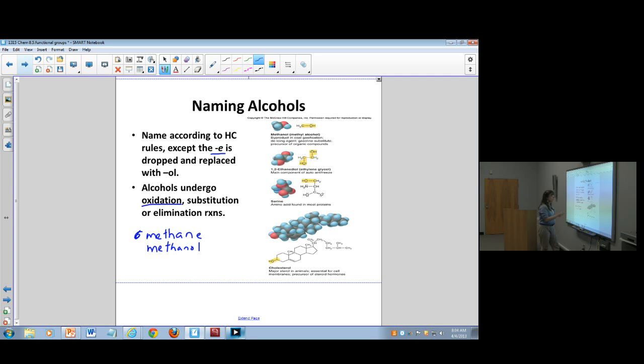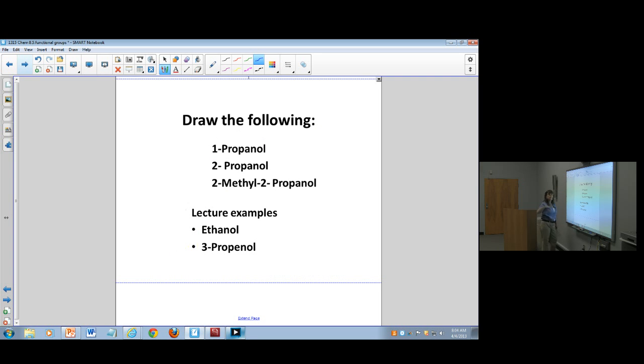They can also undergo substitution and elimination, but we're going to concentrate on oxidation and the formation of ester, which we looked at, or we didn't look at, but I put into the simple organic reactions that you should be able to identify.